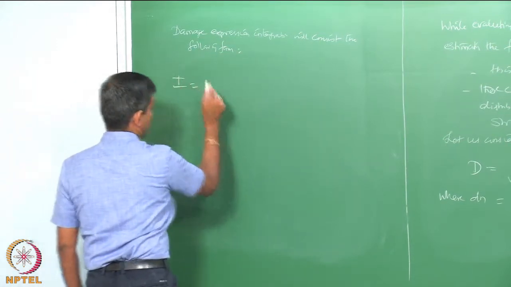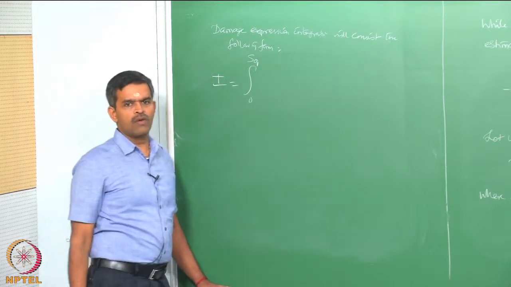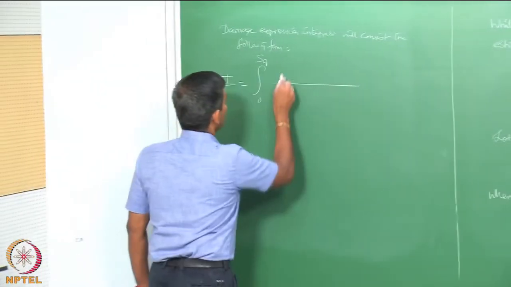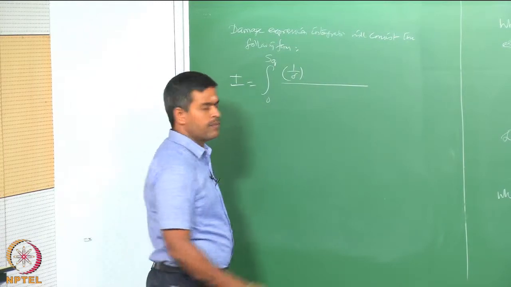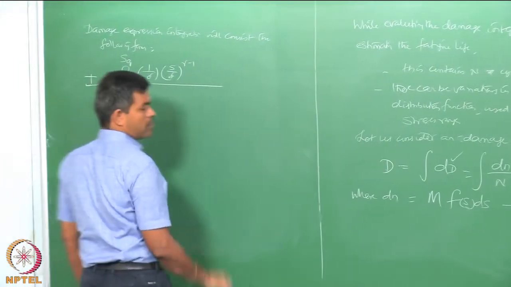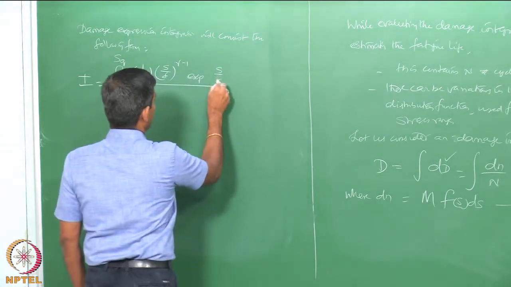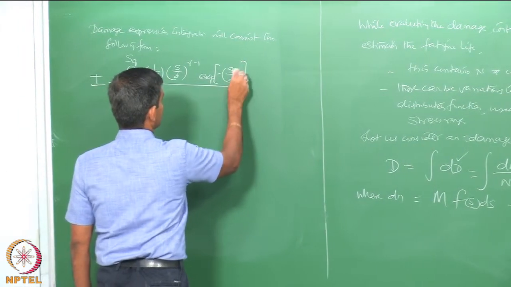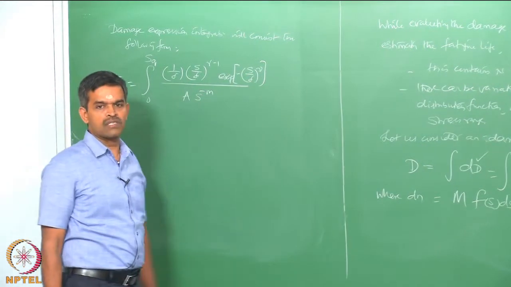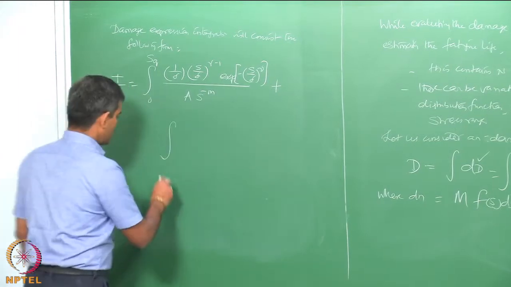Let us say integral I can be the integral from 0 to stress value of s q, which can be 1 by delta (s by delta) raised to the power nu minus 1, exponential of minus (s by delta) to the power nu, divided by a s to the power minus m, where m is the exponent of the Sn function, plus the integral of s q to infinity.